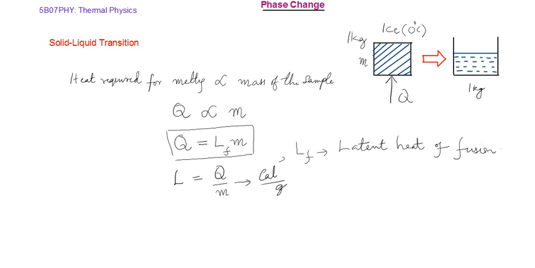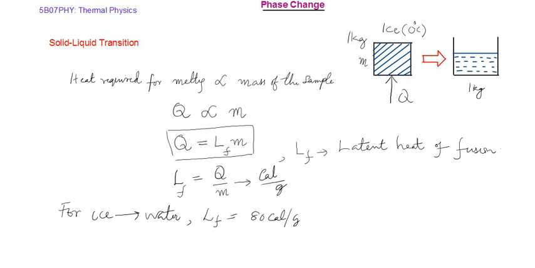For example, consider the most common case of ice to water transition. You will see from experiments that the latent heat of fusion in the case of ice to water conversion is 80 calorie per gram.